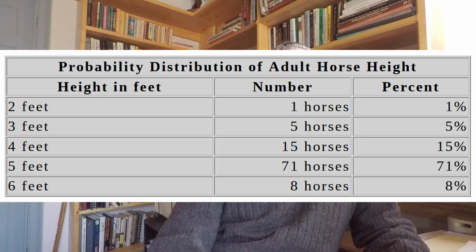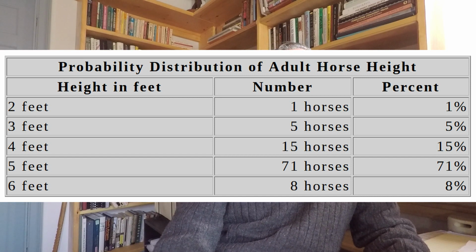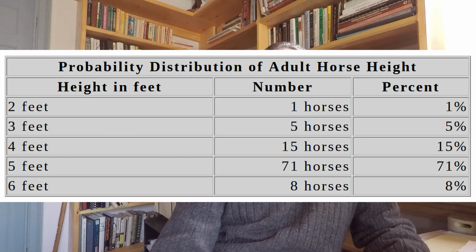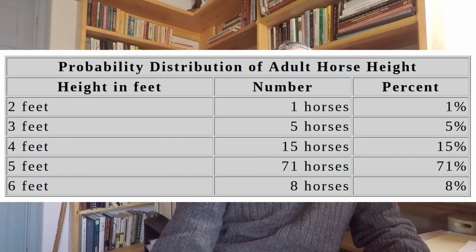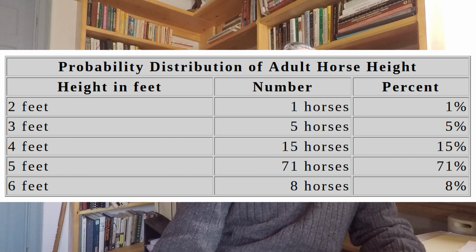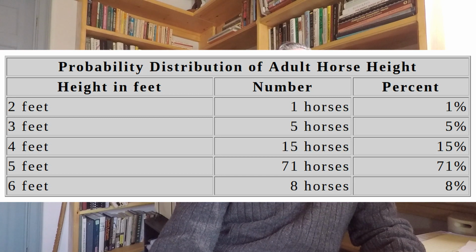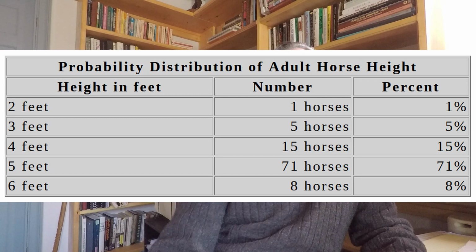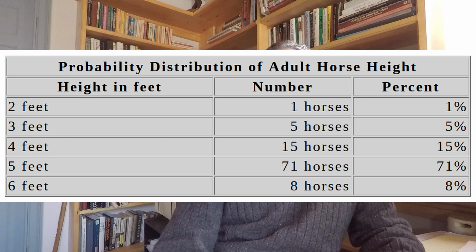So let's take those definitions and let's graphically look at them. Let me pop up the next slide, and that's going to be a table listing the probability distribution of adult horse height. What this table is showing us is that one horse is 2 feet tall. We've got 100 horses in our sample size.